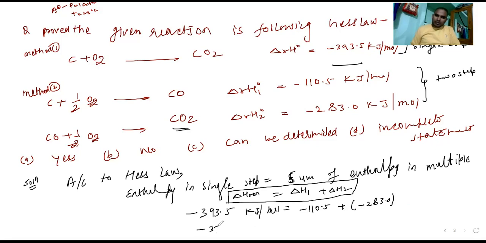So here is minus 393.5 equal to minus 110.5 plus minus 283. So what is there here? You see, 393.5, minus, this side also the same will come, 0.5, and this is the 3 and 8 and 1, that is 9, 213, 393.